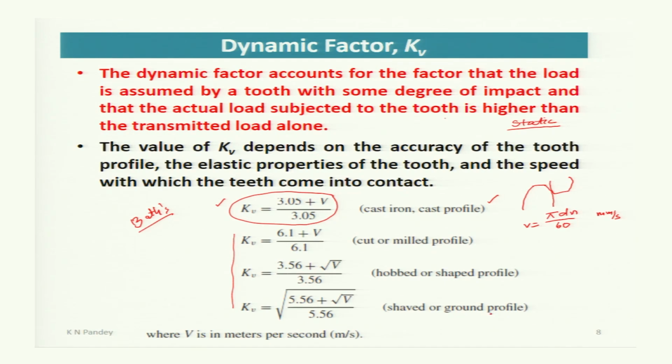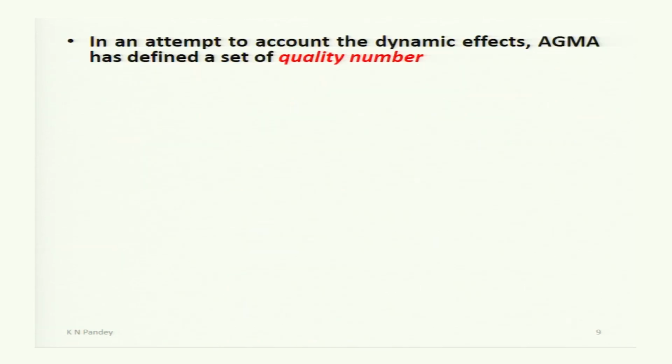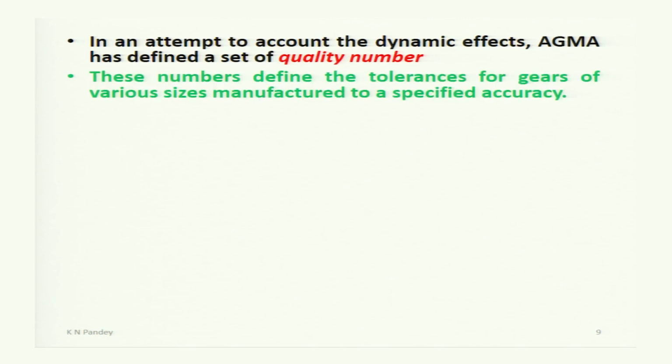For shaved or ground profile, meaning the surface roughness is reduced, in that case it is (5.56 plus under root of the pitch line velocity V) divided by 5.56.